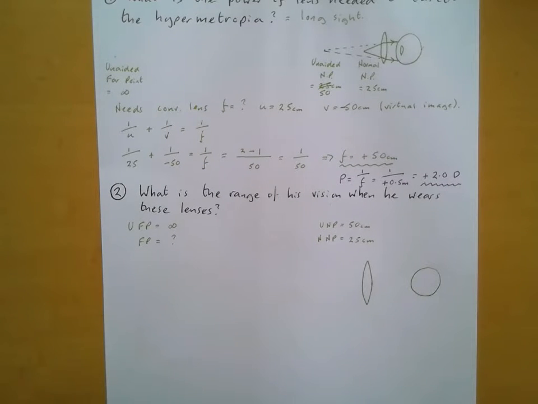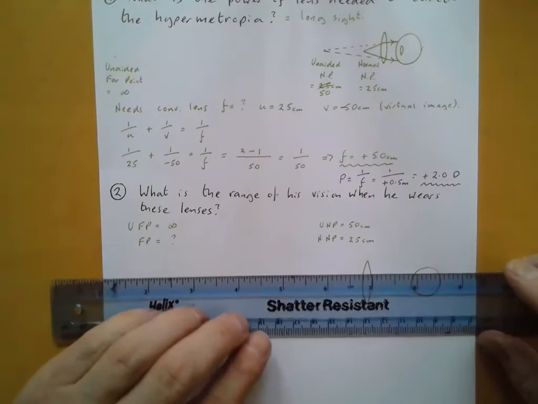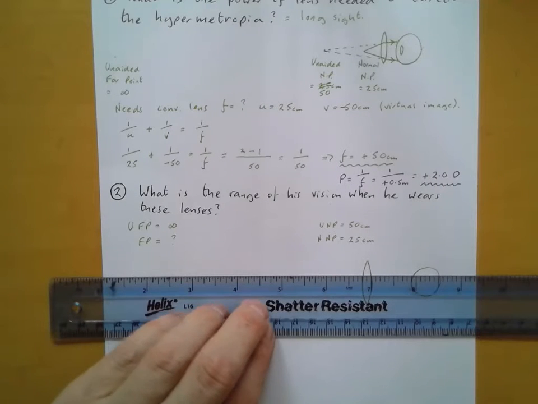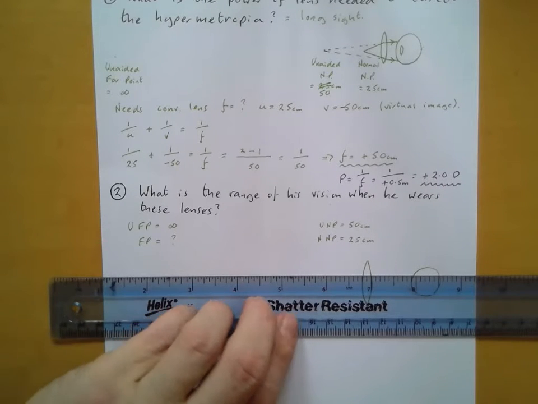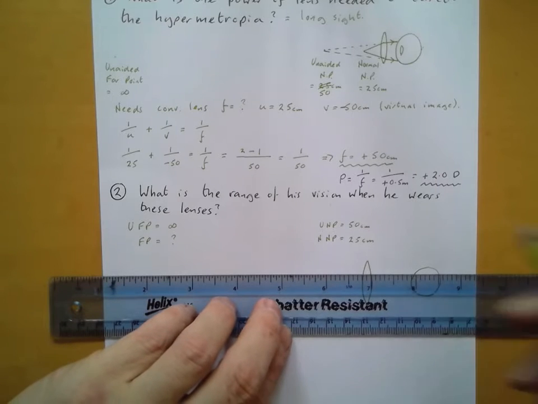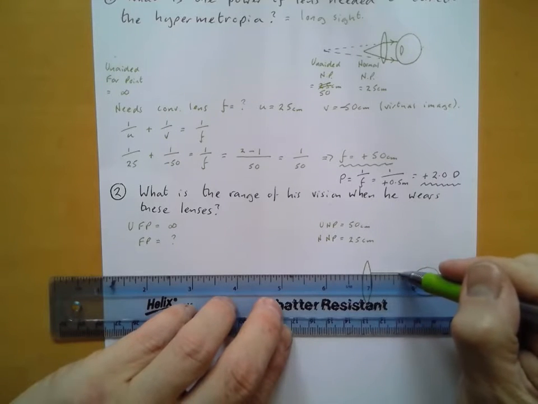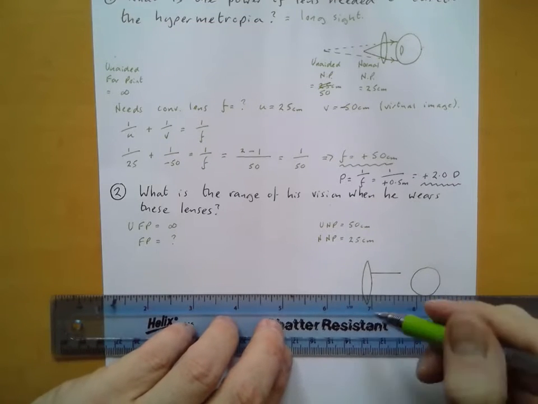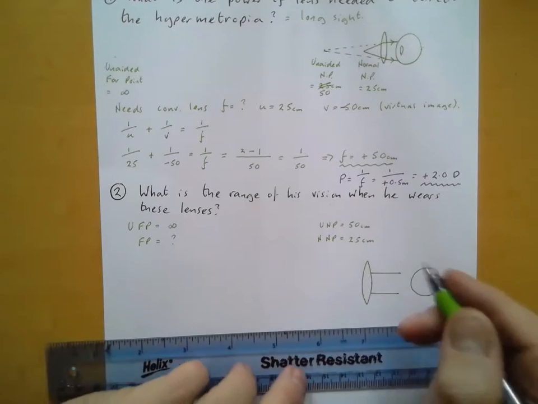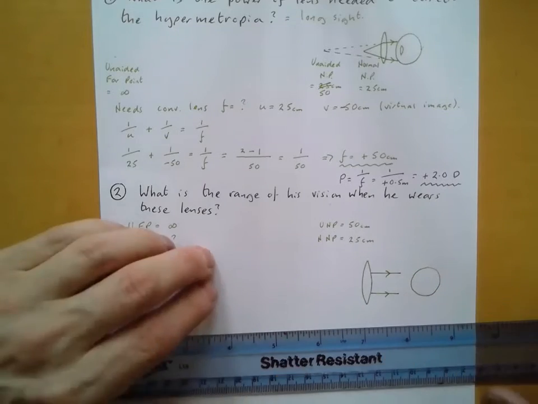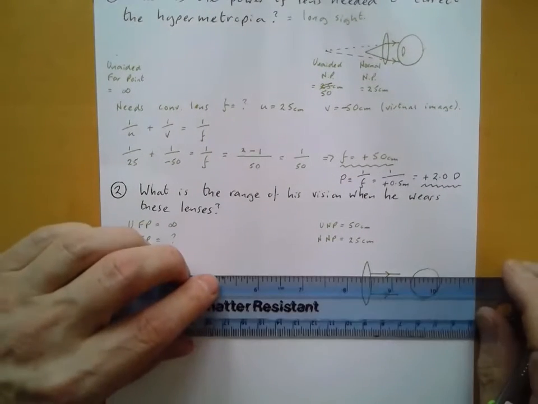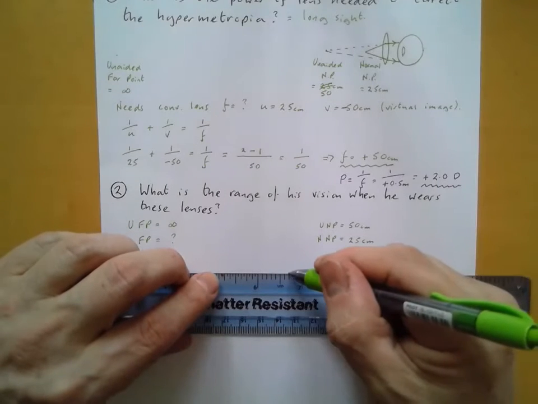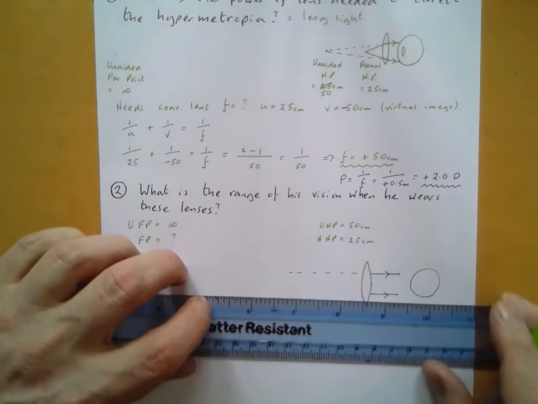Okay, well, what we know is that the eye lens can focus an object that is at infinity. So in other words, the eye needs to receive rays which are parallel, coming from an object at infinity, which is out here like this.